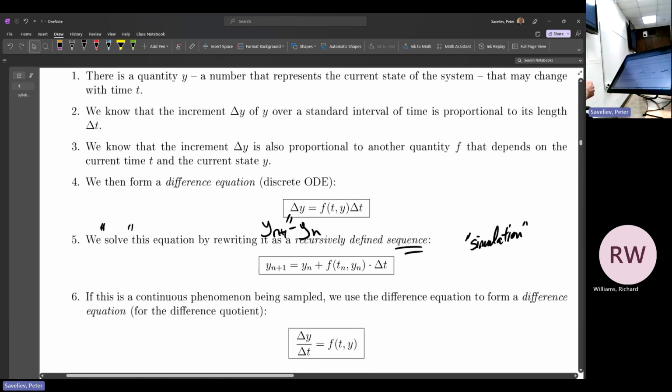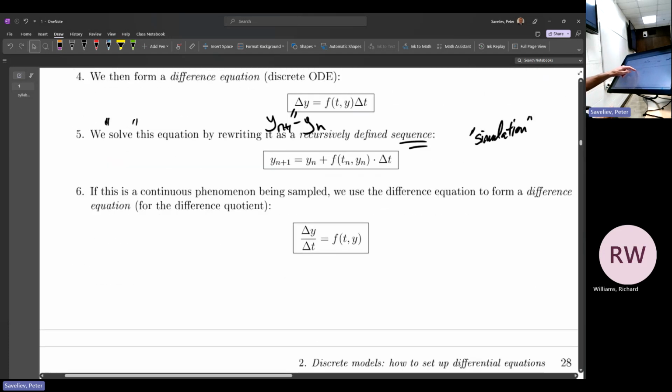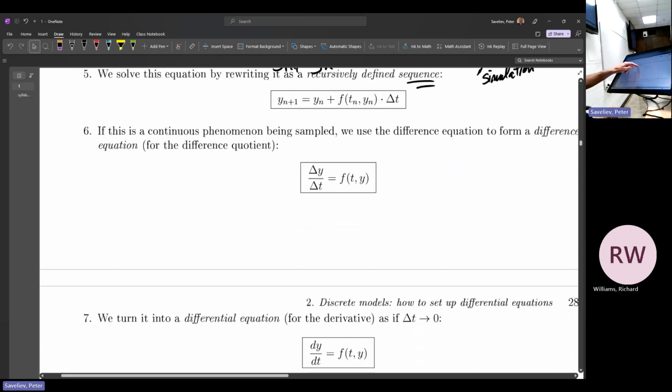Then that function f is not really a sequence, but it is now a function of the variables. It can now be sampled at any location at any density. That's the prerequisite for proceeding to the next stage and producing a differential equation. Delta t goes to 0.